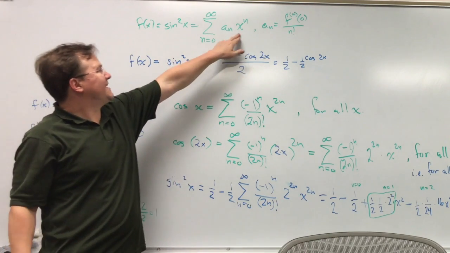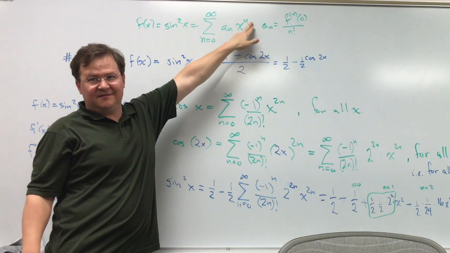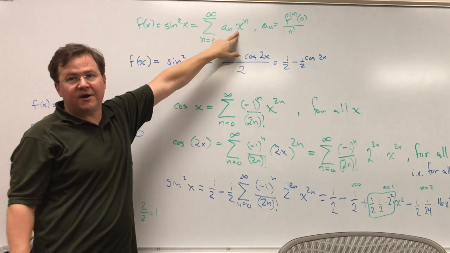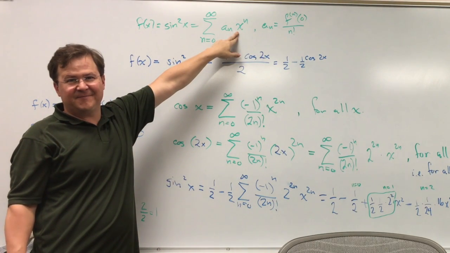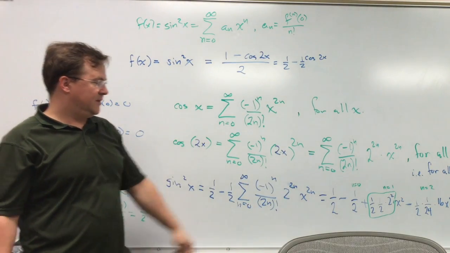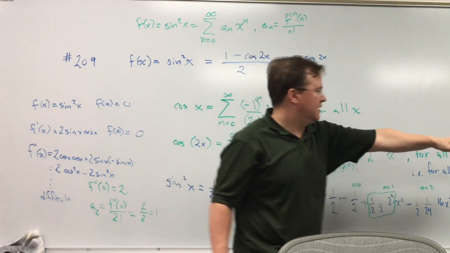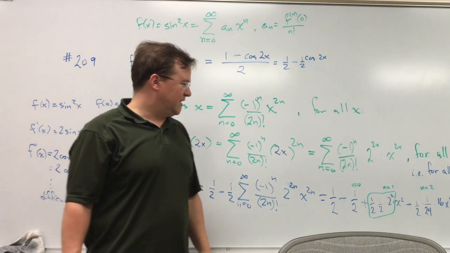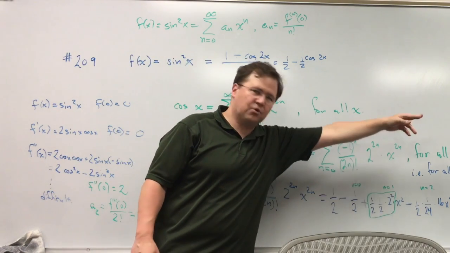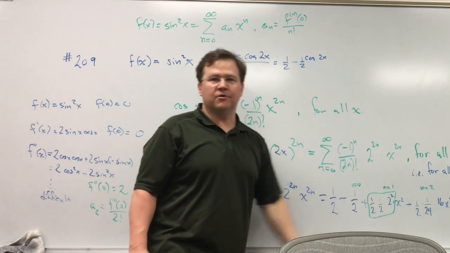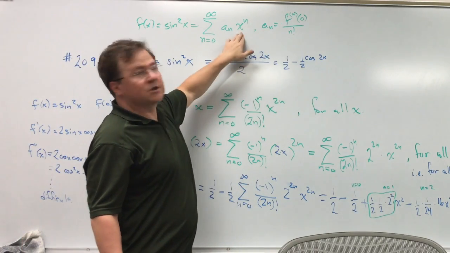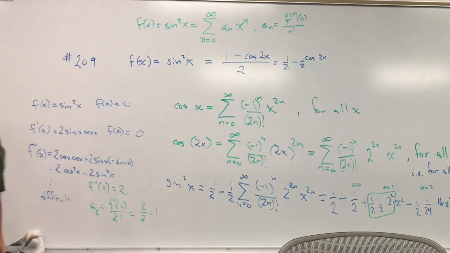But that's where this is x to the n. When n equals 2, that's the coefficient for x squared. Here, n equals 1, maybe I should have chosen a different letter here. When n equals 1, that's the coefficient, according to that index, for x squared. This is the formula for the term that corresponds to the x to the n, because we changed it.